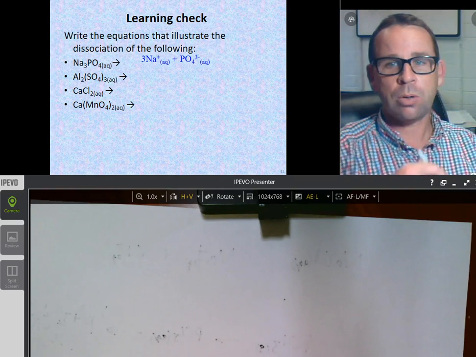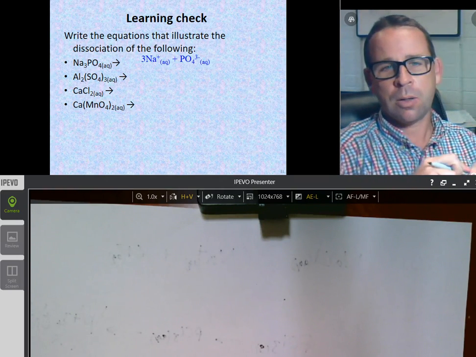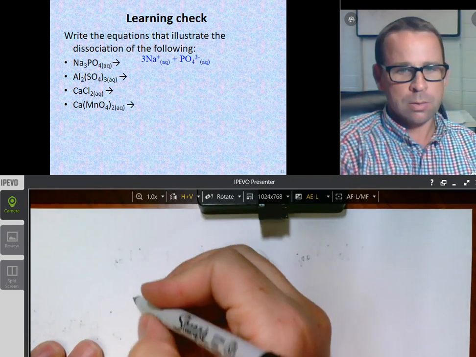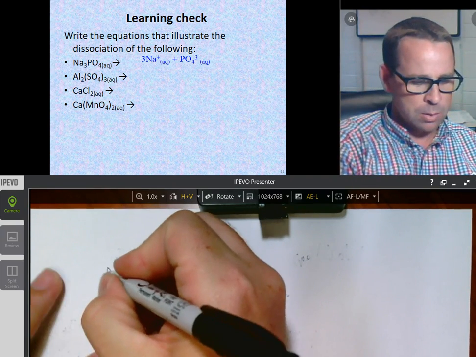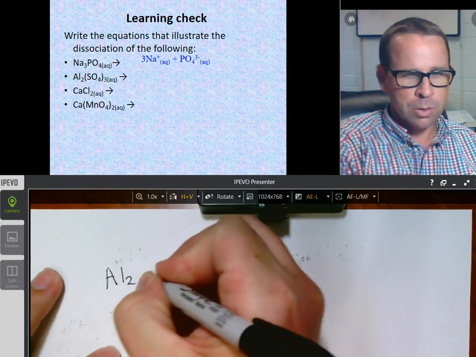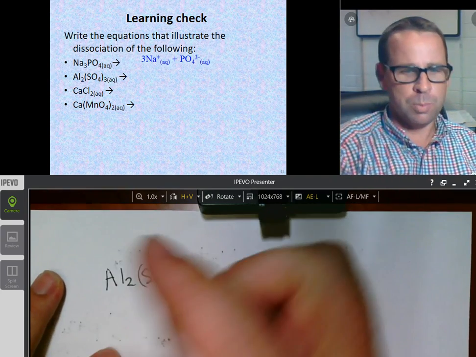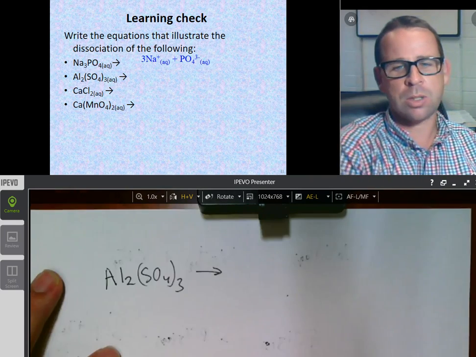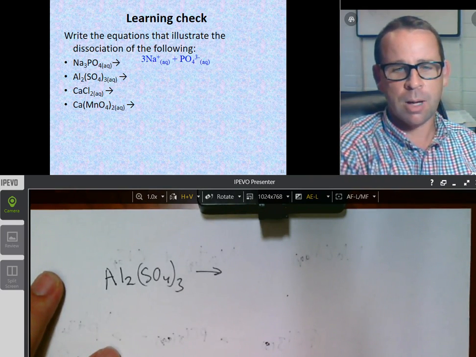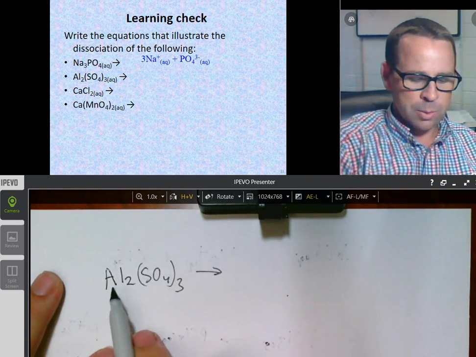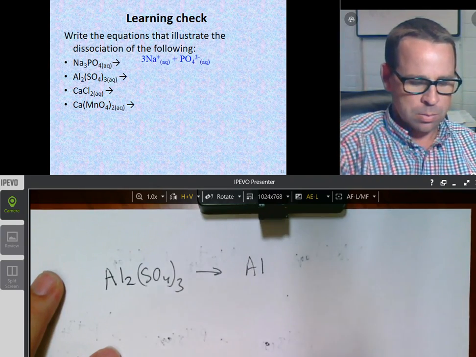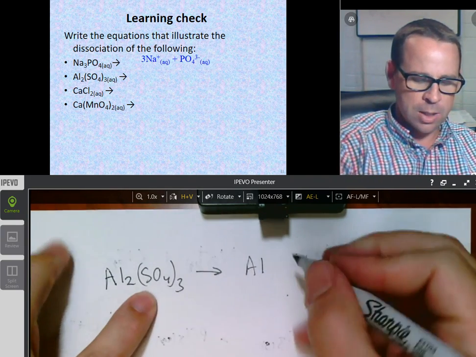All right, so if we want to draw the number of ions that result when I get aluminum sulfate and put it into solution, so we watch it dissociate, all right? There's aluminum ions, there's sulfate ions.